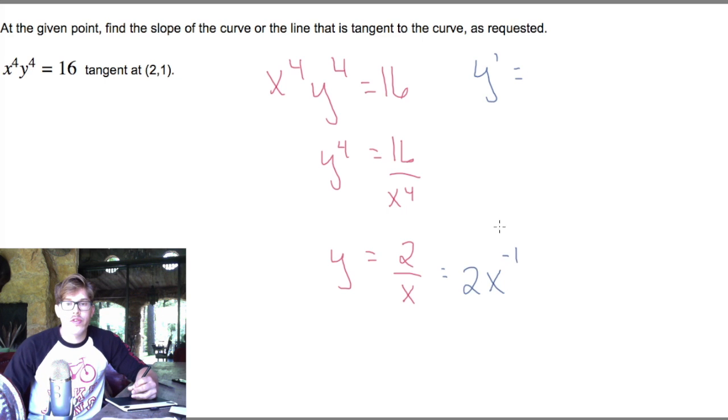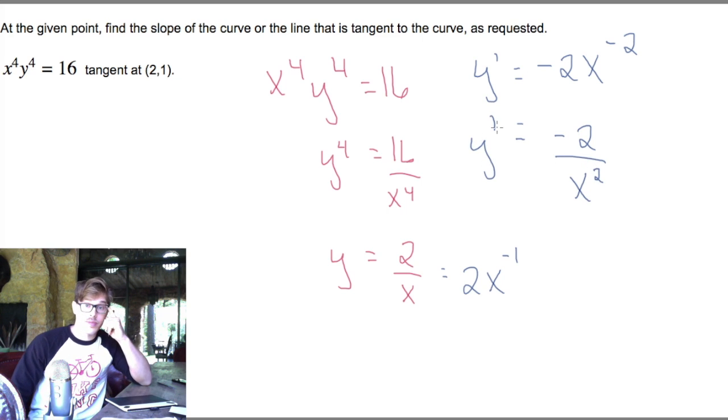So for our derivative, we can use our power rule, multiply by our negative 1 to have negative 2x to the minus 2. And we can rewrite this, of course, as negative 2 over x squared. It's the derivative of our y.